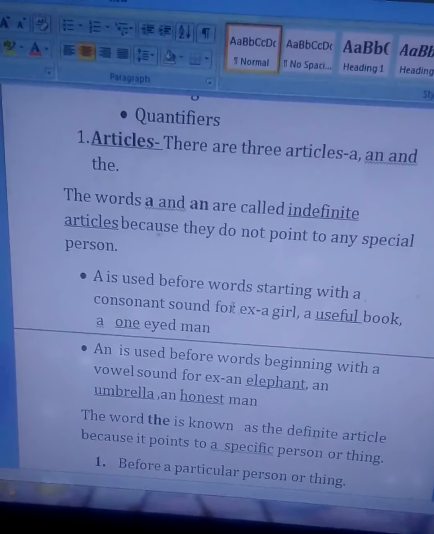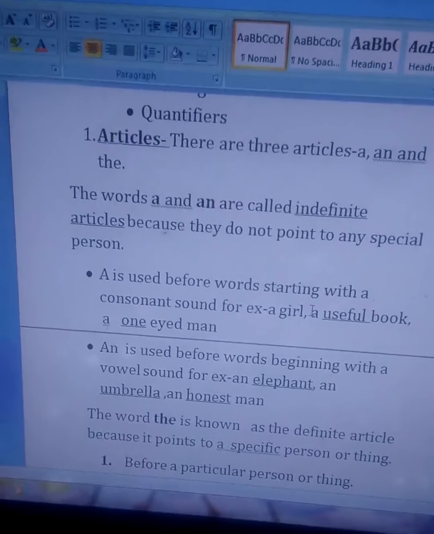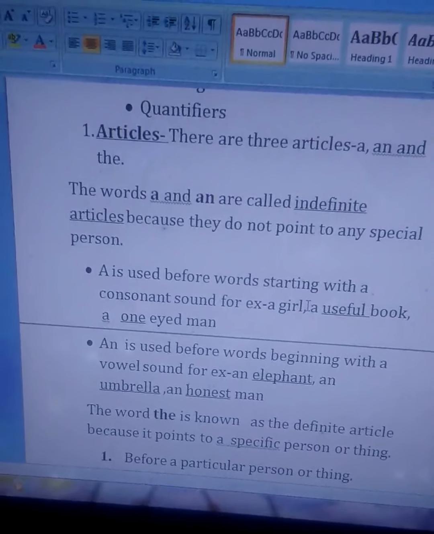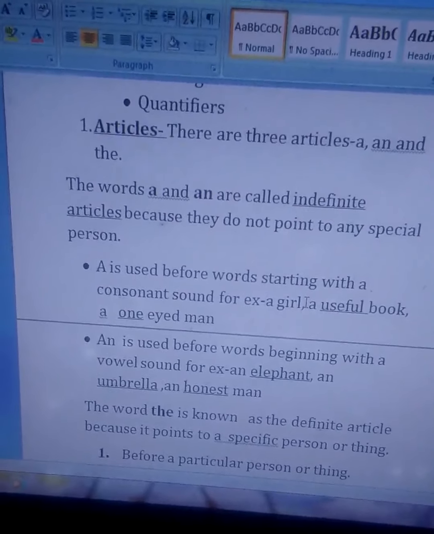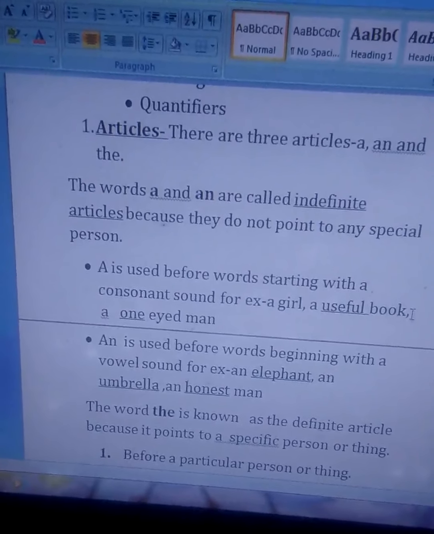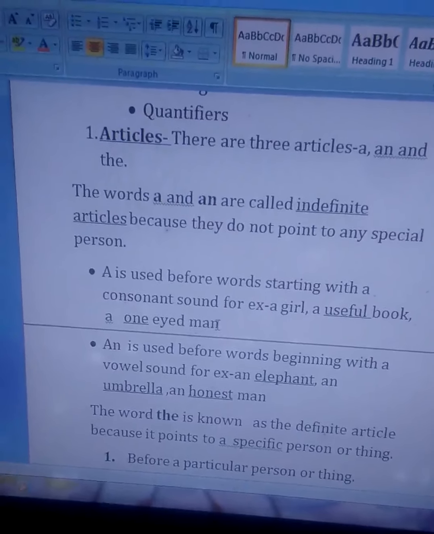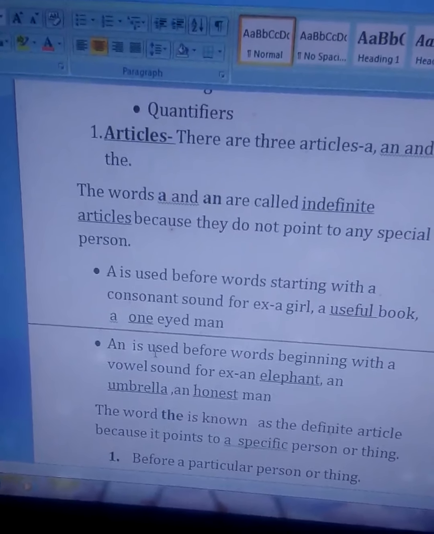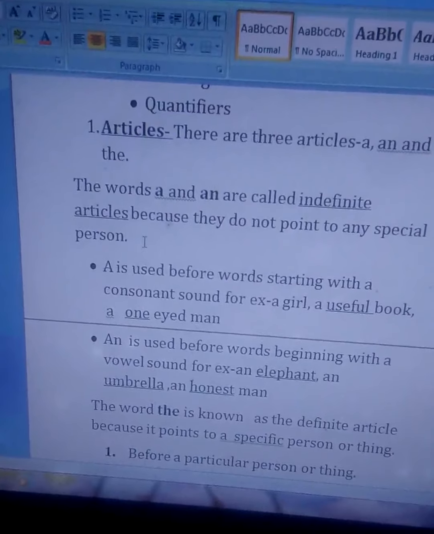For example, a girl. G is a consonant sound here, so we have used a. Some other examples are a useful book, a one-eyed man. One starts with a W sound here, so we have used a.